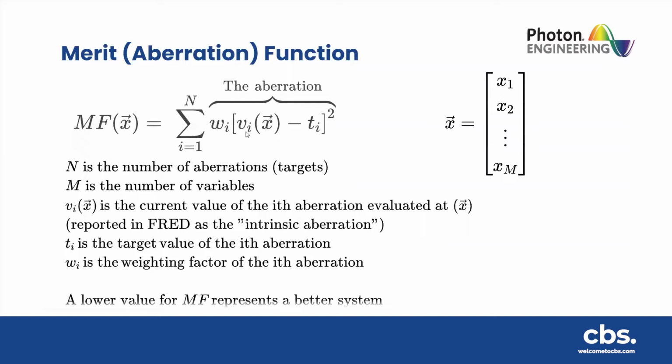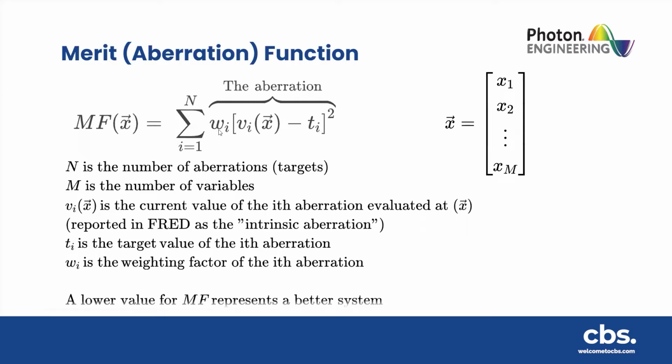That could be the value of the spot size, the value of the power, whatever. And once we know that value, we subtract from it the target that we want, and that difference is squared so that the value is always positive. And this value minus target essentially describes how far we are from where we wish to be.